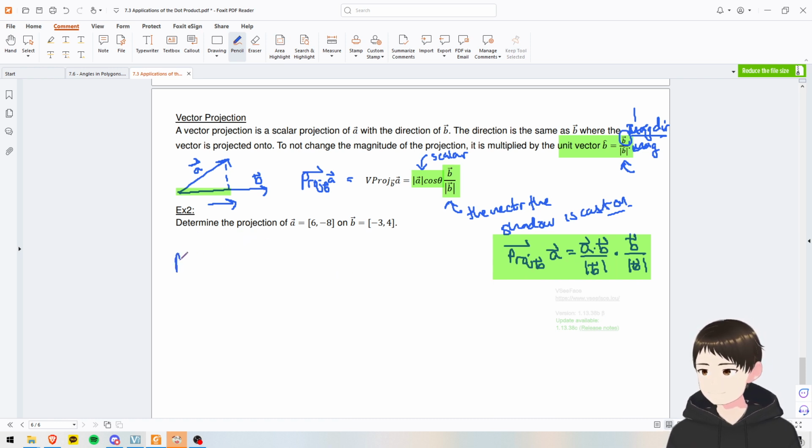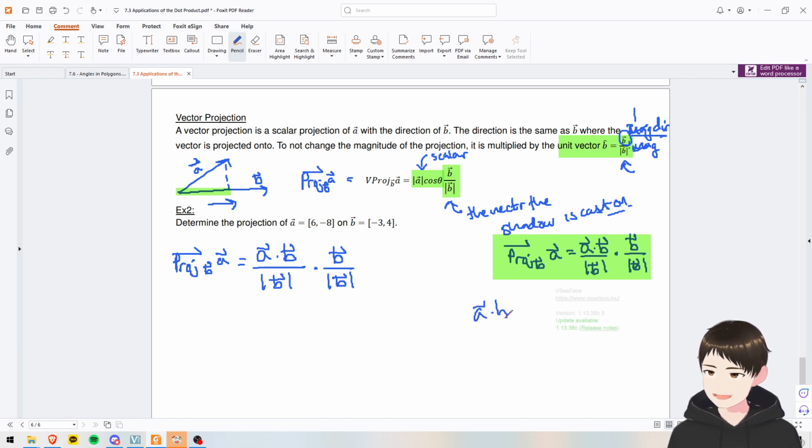Here we go. Determine the projection of A on B is equal to A dot B over the magnitude of B multiplied by vector B divided by the magnitude of B. So I'm going to have to calculate A dot B. I'm going to have to calculate magnitude of B. A dot B is 6 times negative 3 plus negative 8 times 4.